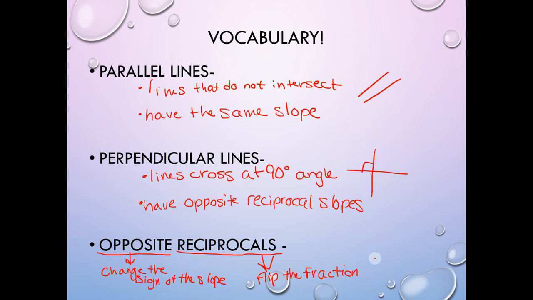So, if it's 1/2, the reciprocal of it is 2/1. Notice how I just flipped it around. So for an opposite reciprocal example, if we have 1/3 as one of our slopes, the opposite reciprocal of that would be -3/1. So 1/3, its opposite reciprocal is -3/1. That's going to be very important when we're looking for perpendicular lines.